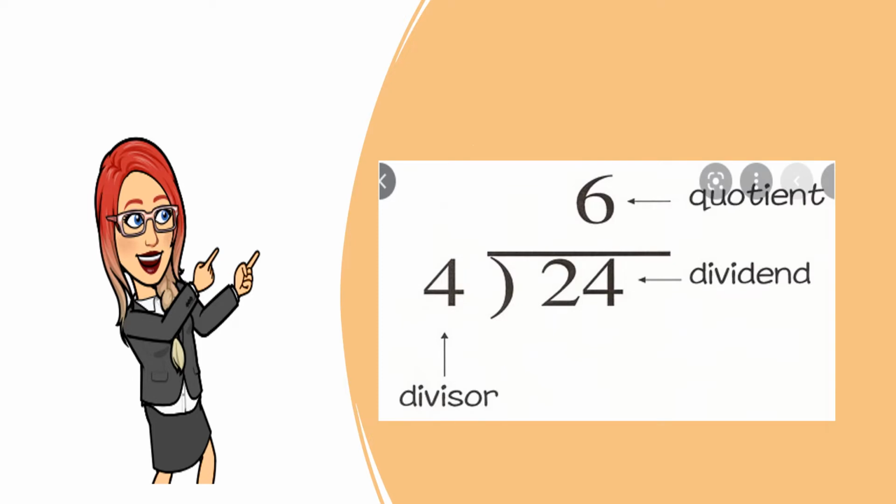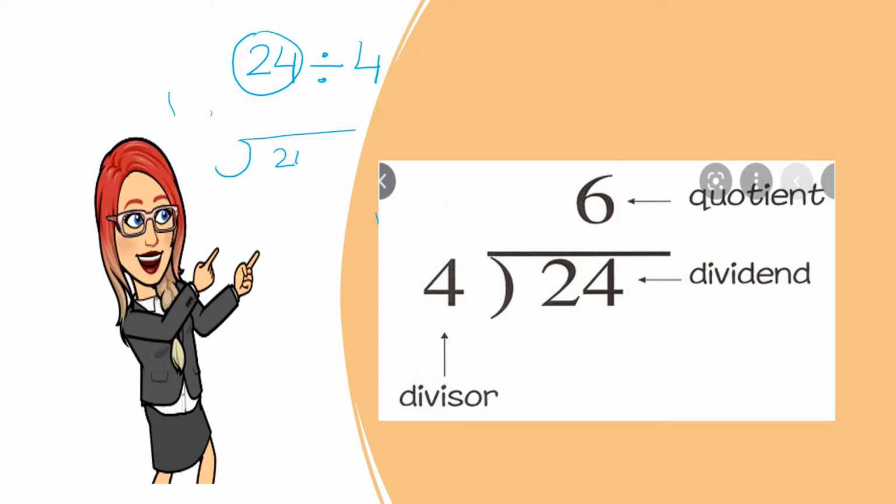But if the question given to you says that 24 is divided by 4, what is divided? This is the number which you have to divide, so this number will be written inside here.